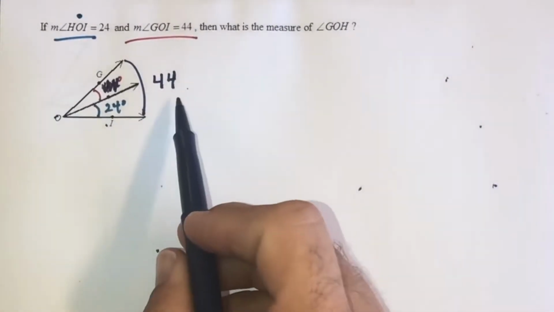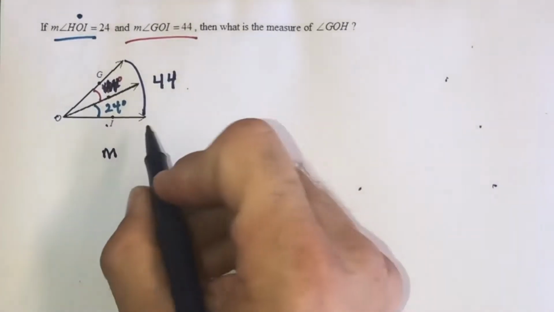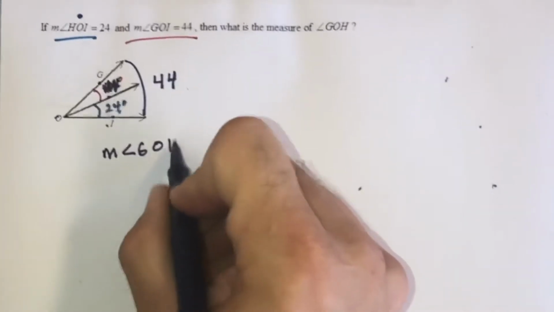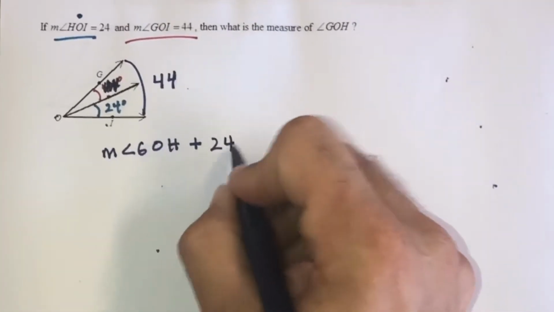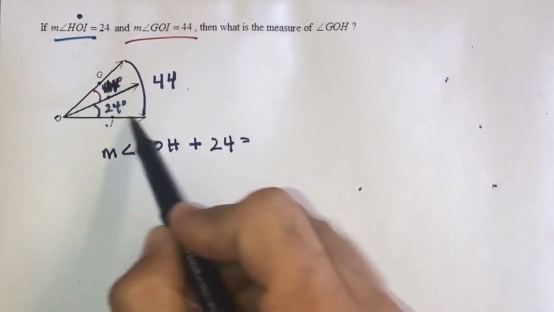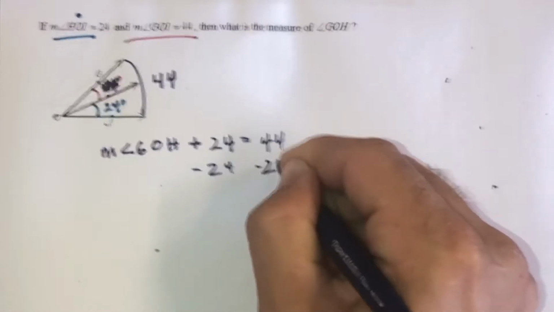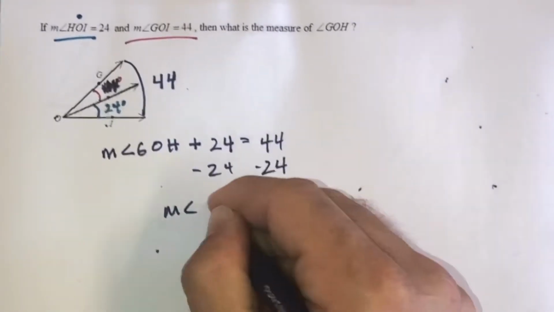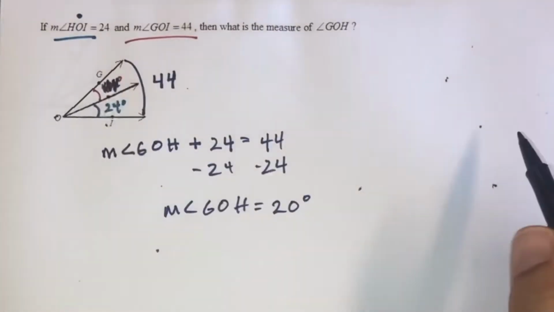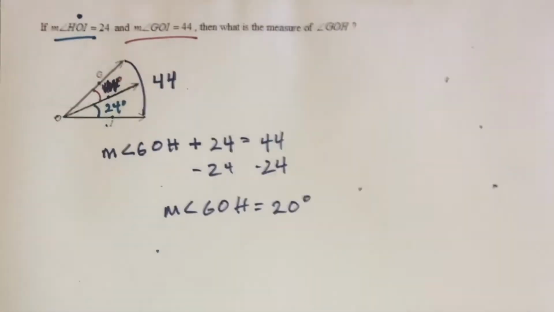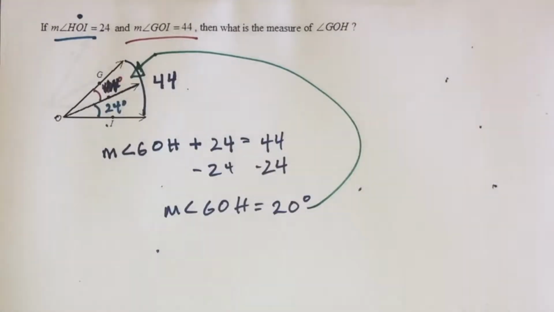So actually what they're asking in this question is, what is the measure of GOH if HOI is 24 and GOI is 44? So basically you're just solving for a missing piece, which we could say is a variable, and the measure of GOH is 20 degrees. This angle here that we mistakenly made 44 in the beginning is 20 degrees.